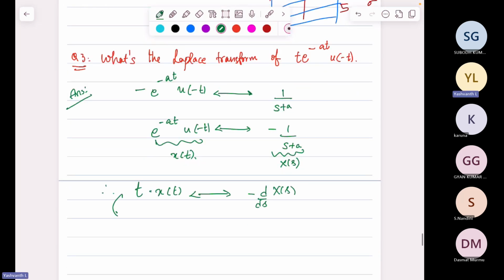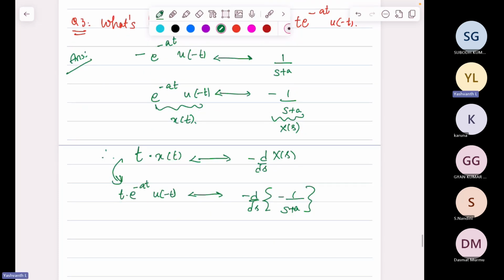But t into x of t is nothing but t into e power minus at into u of minus t. And the Laplace transform is minus d by ds into minus 1 by s plus a. This is nothing but d by ds of 1 by s plus a, or minus 1 by (s plus a) the whole square.